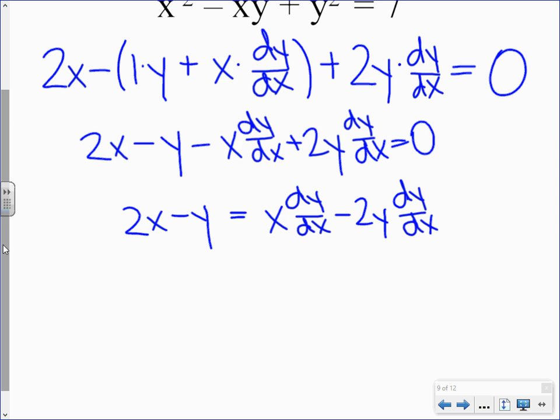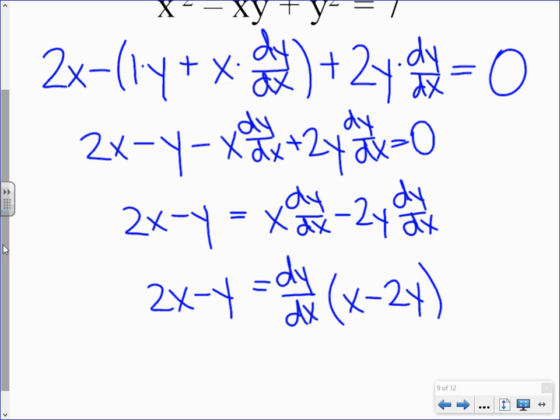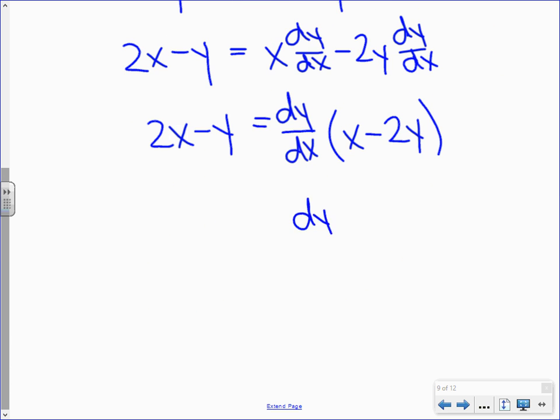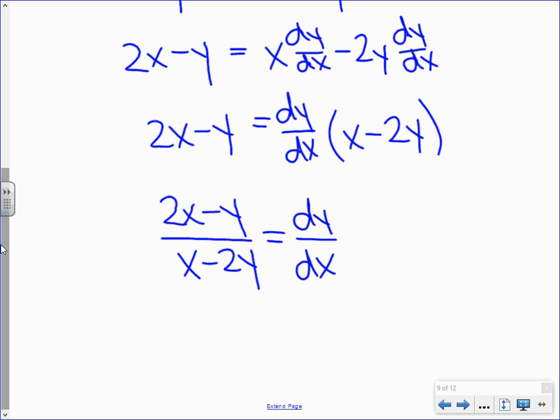Trevor, what should we do with the right side? Factor out dy dx. So when we factor out dy dx, we're left with dy dx times the quantity x minus 2y. To solve for dy dx, we can divide that over and we get 2x minus y divided by x minus 2y.